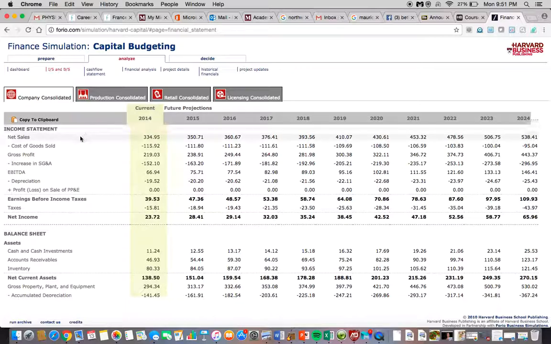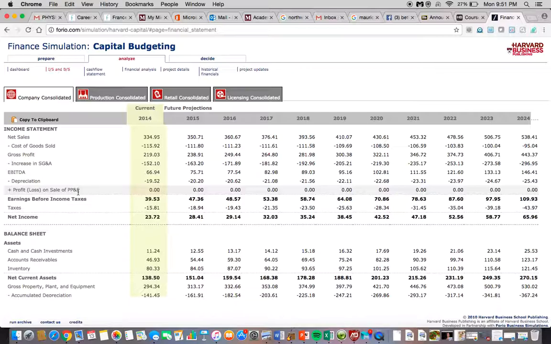When looking at the income statement up here at the top, you can see that we have the net sales minus the cost of goods sold. You have the gross profit minus the increase of SG&A, which is selling, general, and administrative expenses. You can also see the EBITDA minus depreciation, which is the loss over time, and then profit loss of sale of PP&E.